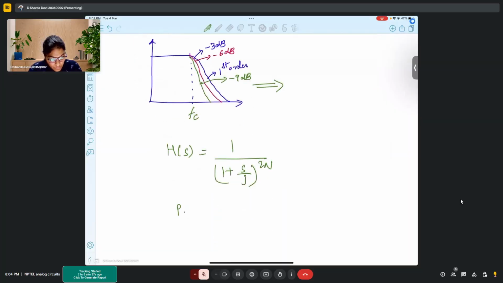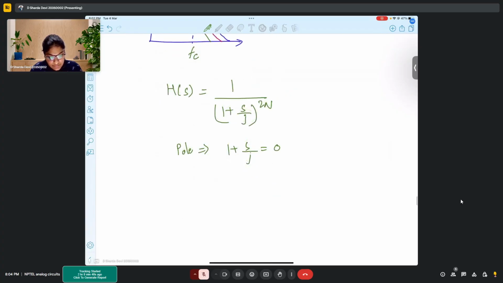When we look for the pole values, that means 1 plus (s by j) to the power 2n equal to 0, then (s by j) to the power 2n equals minus 1, so s equals (minus 1) to the power 1 by 2n times j.